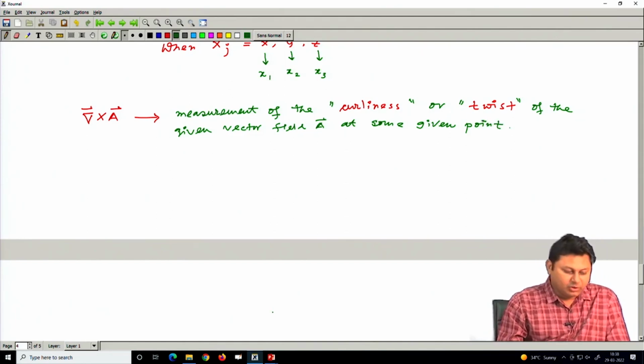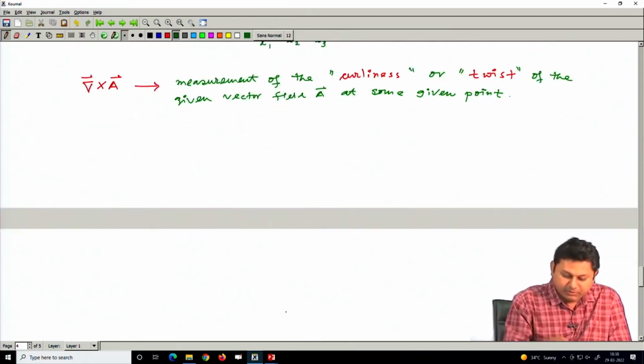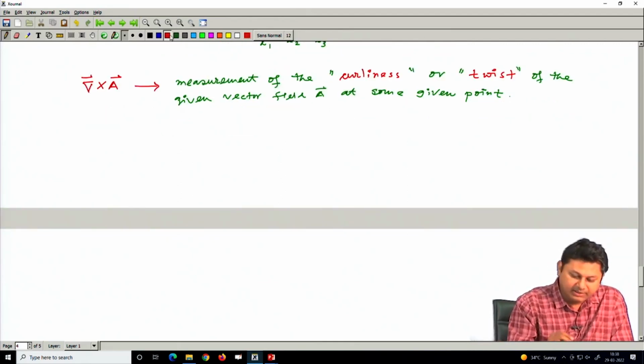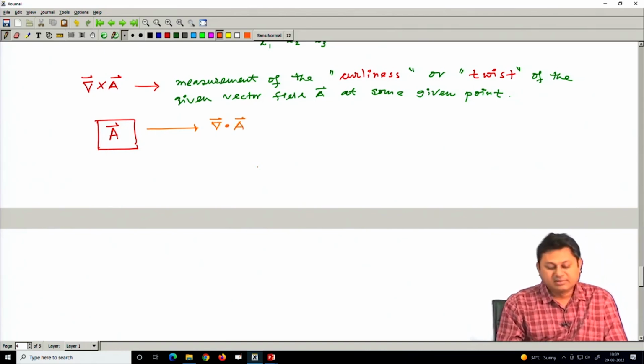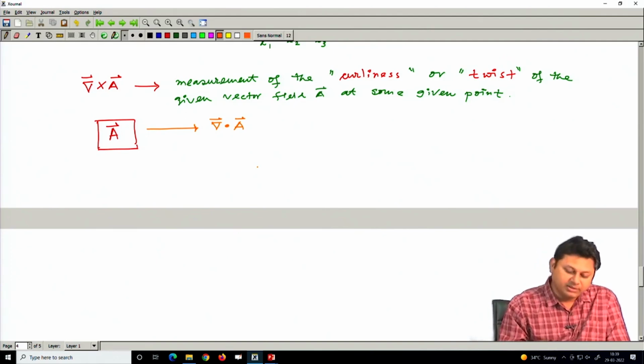So, if a vector field is given to you, there are two ways you can treat it. You can calculate how divergent it is by calculating the divergence of this vector, and for a given point you can check whether this value is non-zero or not.